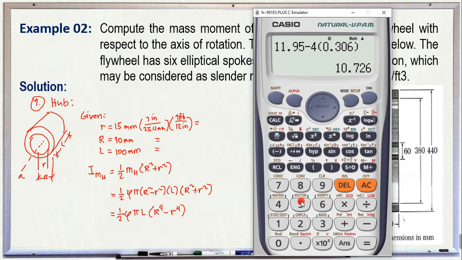So using calculator, 15 times 1 divided by 25.4 times 12. Yung sagot niyan in foot, that is 0.049 na lang.